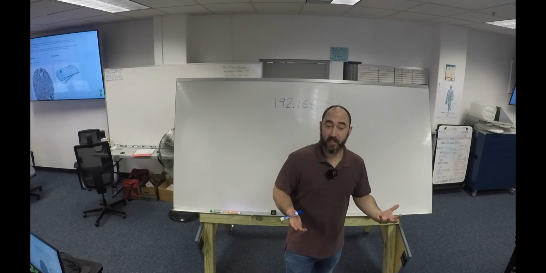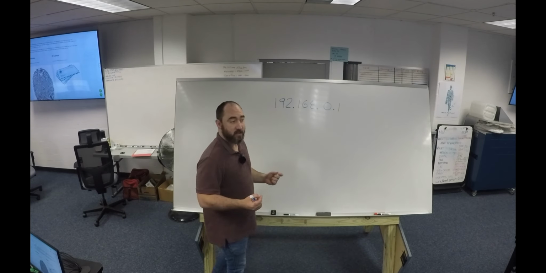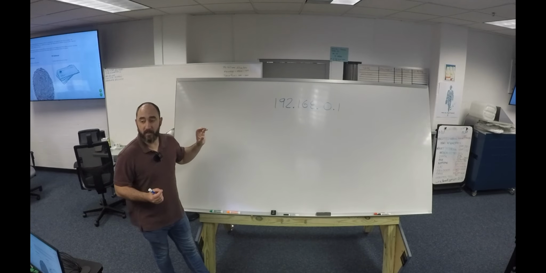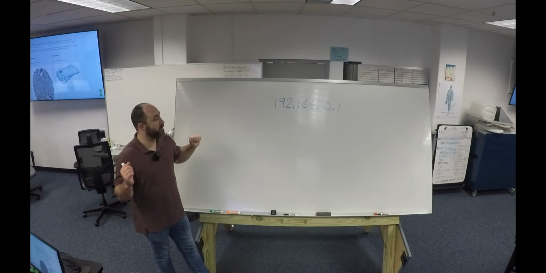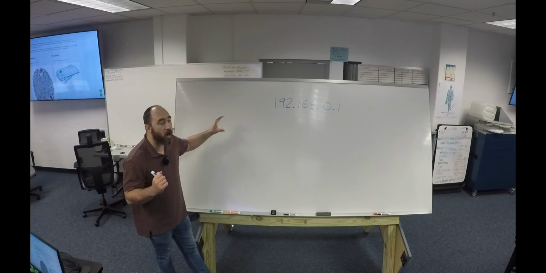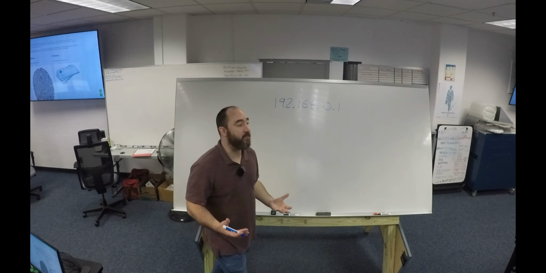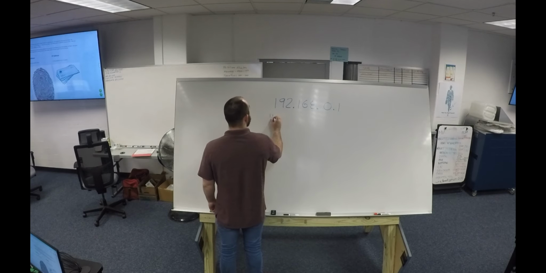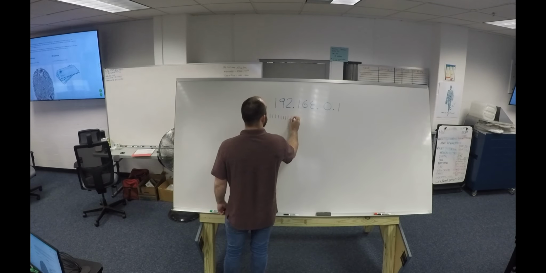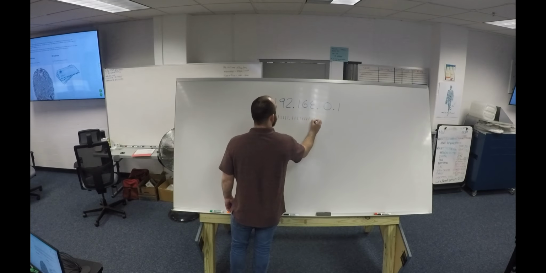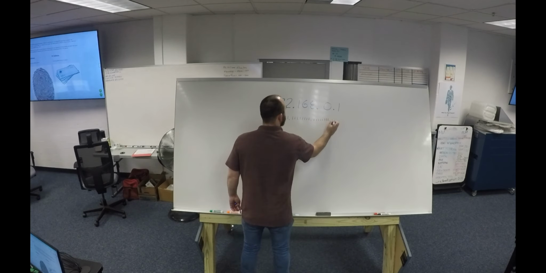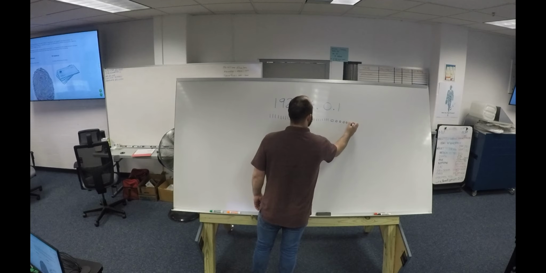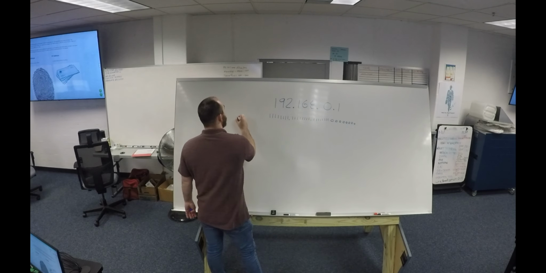What class is it? What letter? Give me a letter. C, it's a Charlie, which means the default prefix is 24.